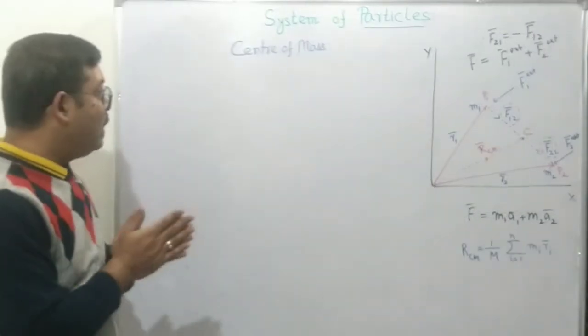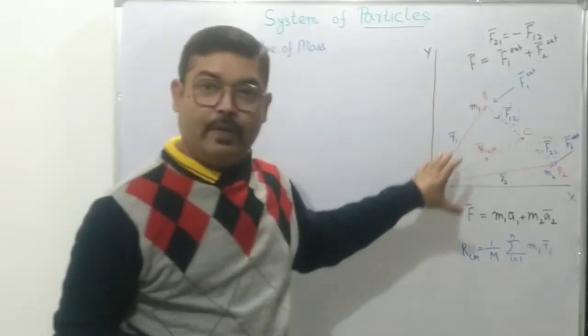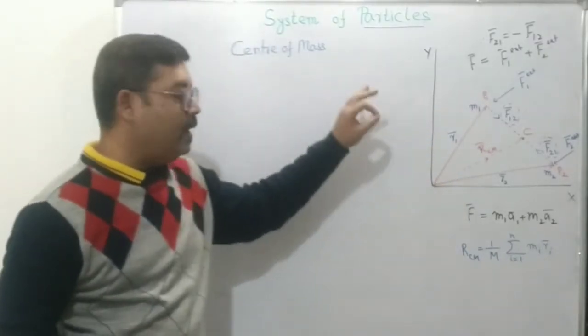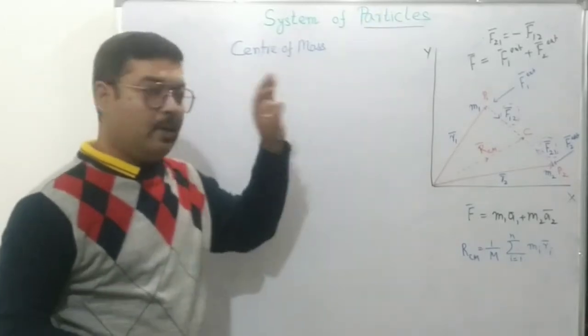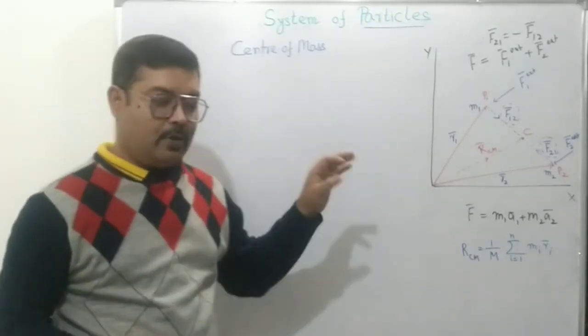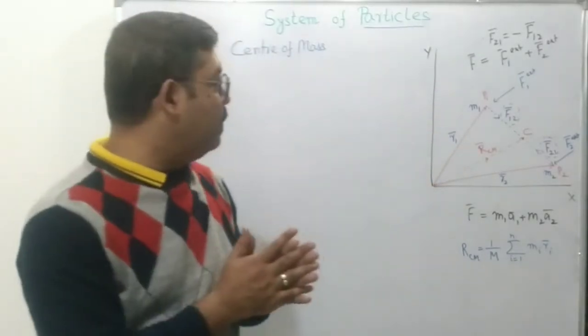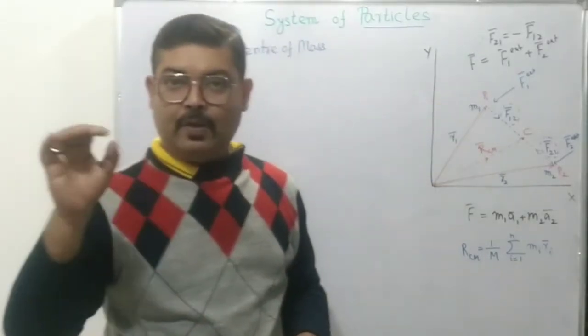Alright, now what if instead of having this discrete type of mass distribution, where we can identify the mass as particles, that is mass concentrated at different points, right? And we can find the position vector of the different particles.